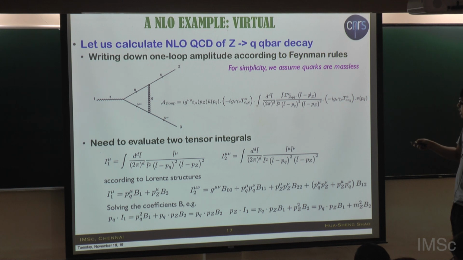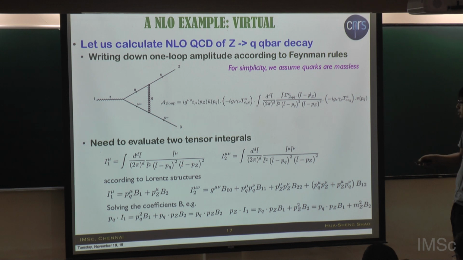So what I need to calculate are two tensor integrals, right? I put the Lorentz structure explicitly, so this is I1 and I2, two Lorentz structures. So I need to calculate these two tensor integrals.